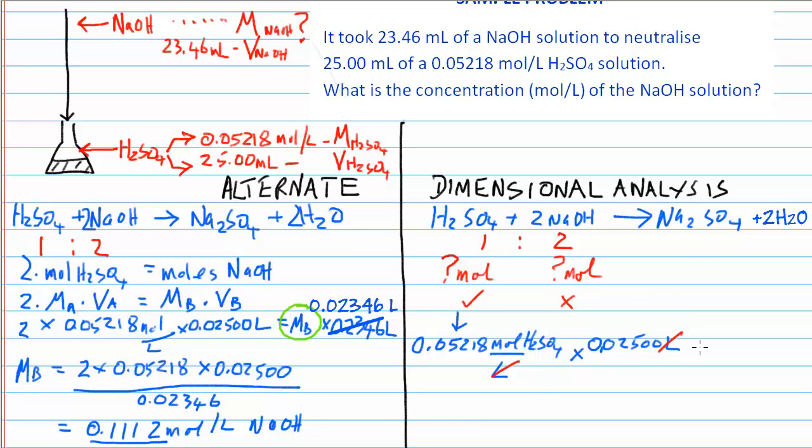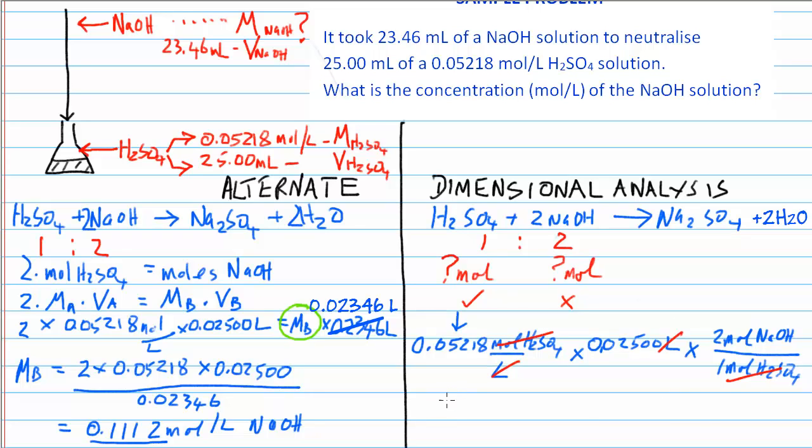And now we can convert to moles of sodium hydroxide through the stoichiometry of the reaction. So we multiply this by the stoichiometric ratio, which is 2 moles of sodium hydroxide per 1 mole of sulfuric acid. We then get the moles of sulfuric acid to cancel and leave us with moles of sodium hydroxide.